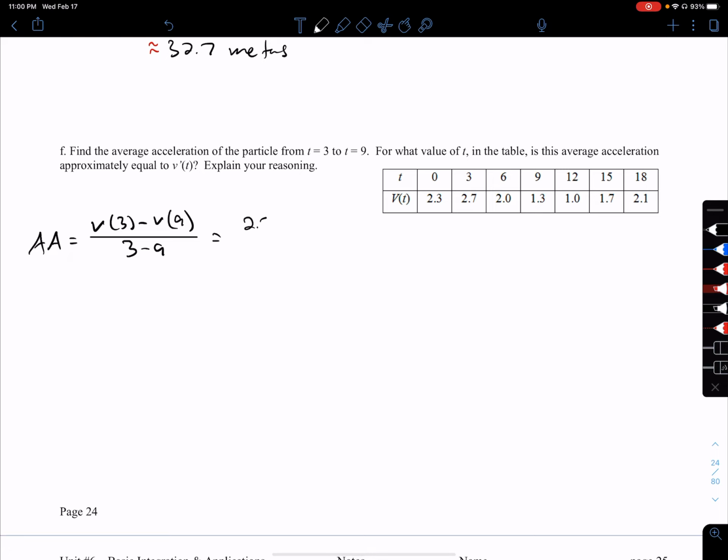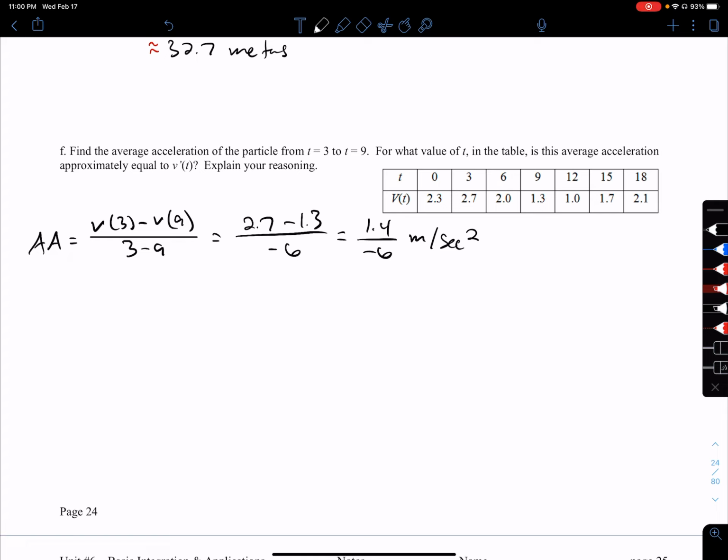V of 3 is 2.7. It's right from the table. V of 9 is 1.3. 3 minus 9 is negative 6. It's going to give us 1.4 over negative 6. If you wanted to put that into a calculator, get a decimal, you could. Units, this is meters per second squared.